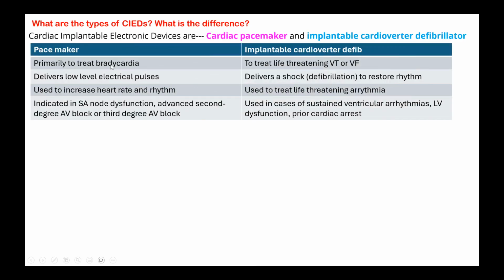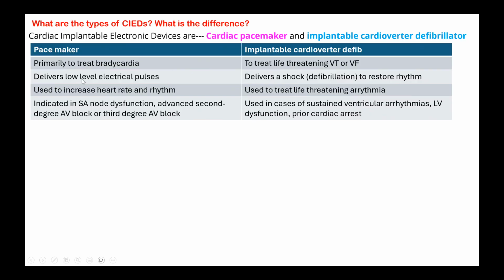So cardiac implantable electronic devices are the cardiac pacemaker and the implantable cardiac defibrillator. The primary difference between these two is that a pacemaker is primarily used to treat bradycardia, whereas a defibrillator is implanted to treat life-threatening ventricular tachycardia or ventricular fibrillation.